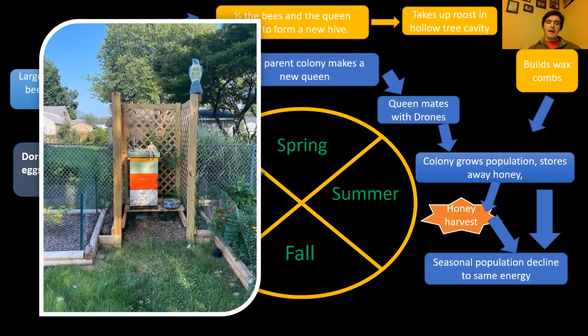And then what happens during our drought season is what we would call a dearth. It's a time without nectar.